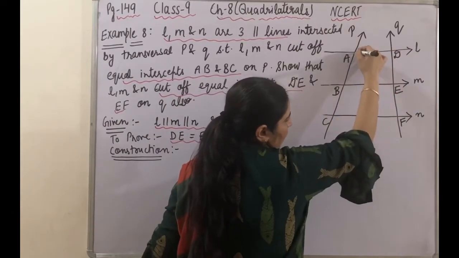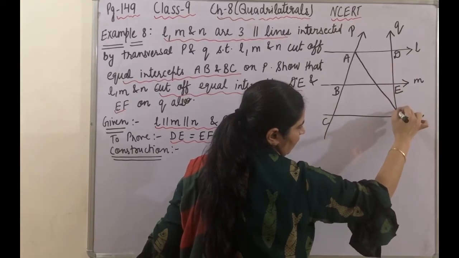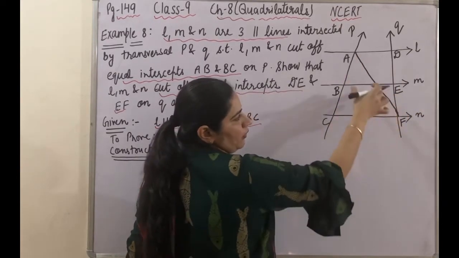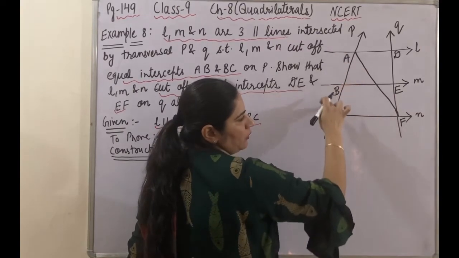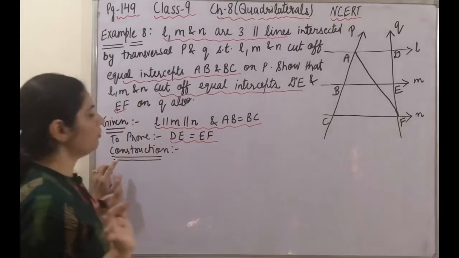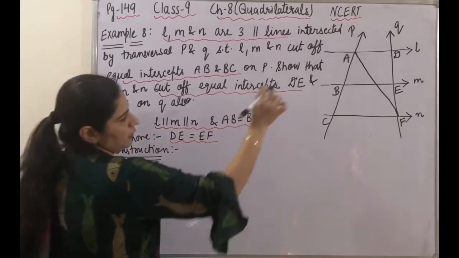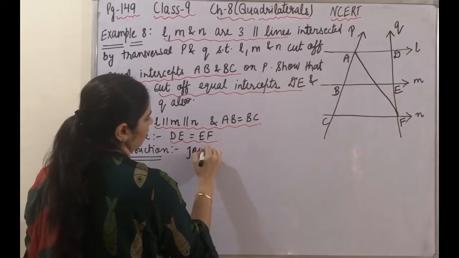If I join this A to F, it will be a triangle. And when it is a triangle and these 2 lines are parallel, with one point given as the midpoint, easily I can apply the converse of midpoint theorem. So I have to mention here the construction. What is the construction? Join A to C, A to F, join AF.